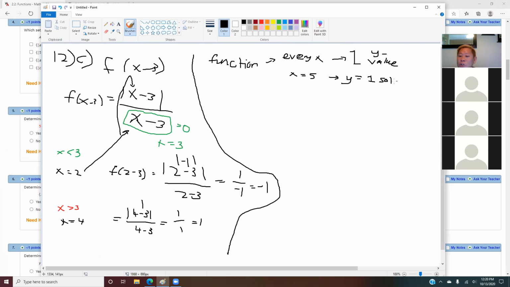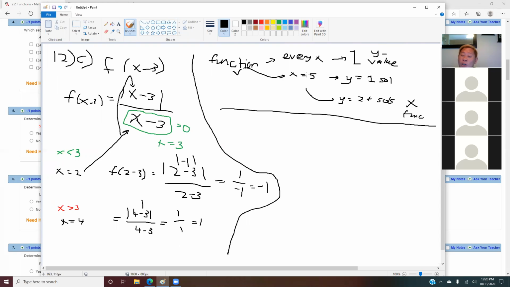If you get one solution, then it is a function. But what happens when you plug 5 into your x and your y has 2 or more solutions? That means more than one solution, 2, 3, 4. Then this is no longer a function. So this is how we figure out functions by using equations.